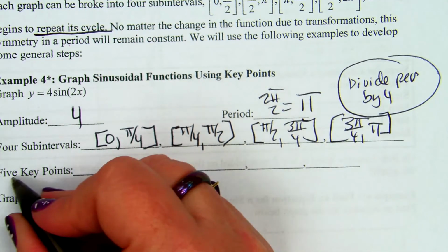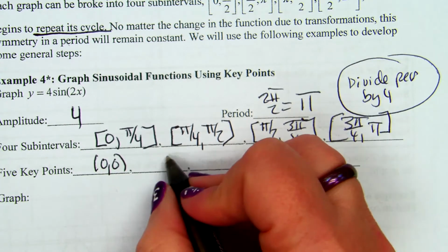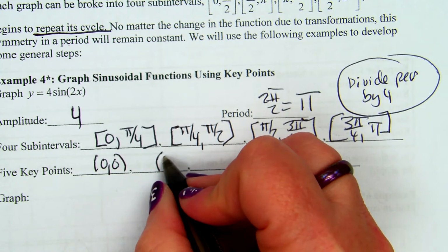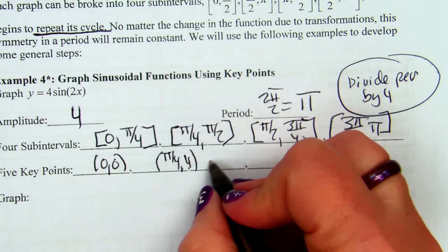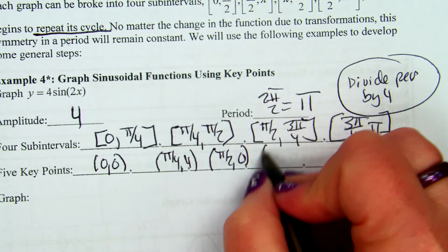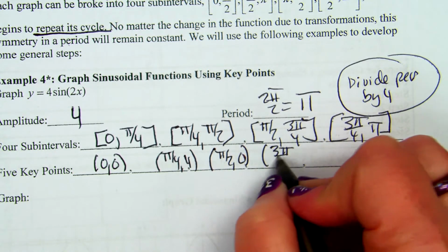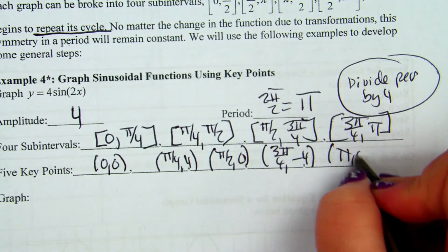And the 5 key points are 0, 0, because it's sine, it starts at 0. And then it goes up to 4, because the amplitude is 4. And then back down to 0. And then 3 pi over 4, negative 4. And pi, 0.